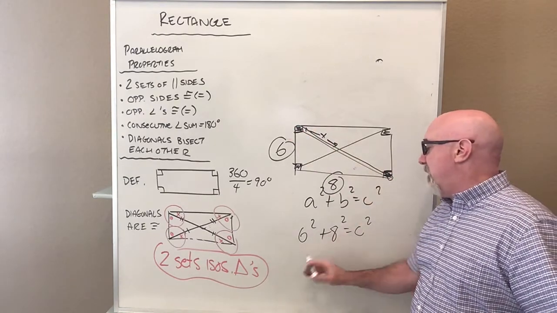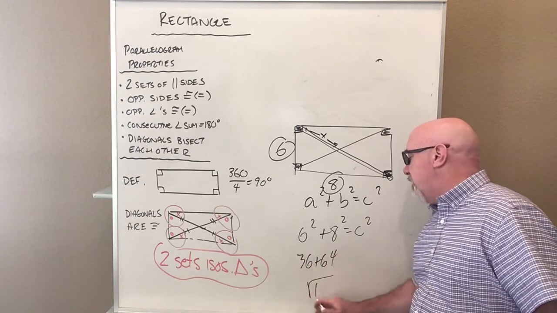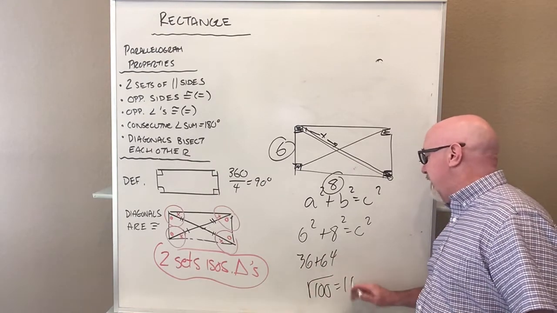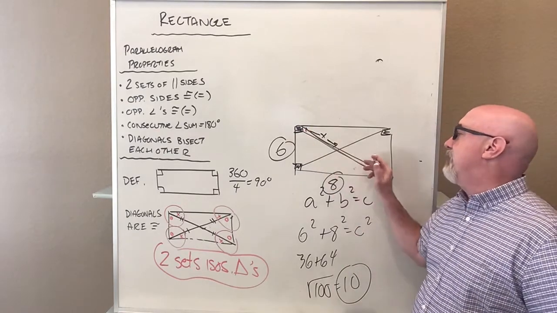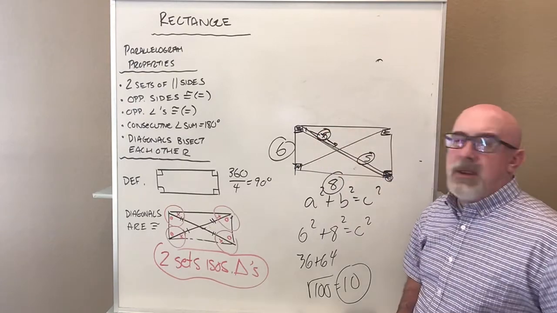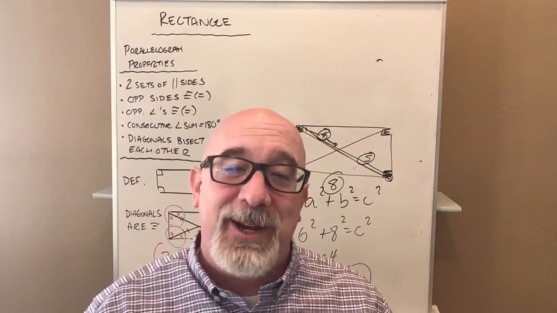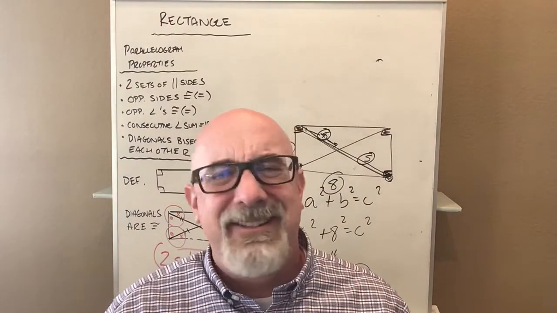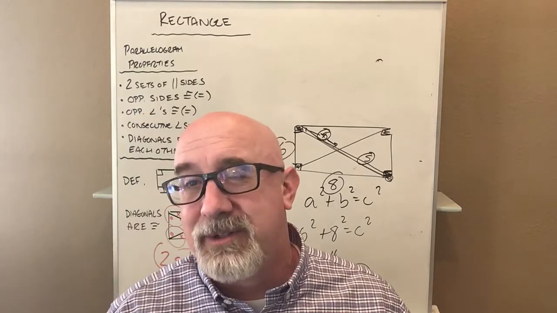And when we solve this, this is 36 and 64, the square root of 100, we find out it's 10. Now 10 though is the entire diagonal. So we would learn that this is 5 and that this is 5. Lots of little Pythagorean tricks if you get caught looking, going, I don't know how to find this, and it's about length. I bet it's a Pythagorean question. Keep your eye on that.